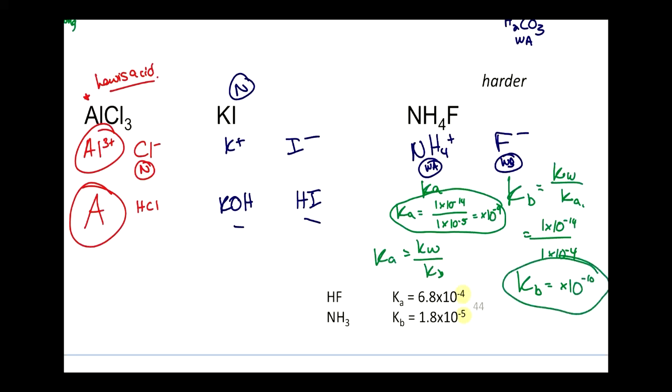So which one wins? What number is bigger, Ka or Kb? Ka, yes. So this thing is going to be what? Acidic. It's going to be acidic because Ka is larger than Kb. And the only way we could have solved this is if I gave you K values. But again, you're comparing the Ks of the conjugates, not the actual stuff.